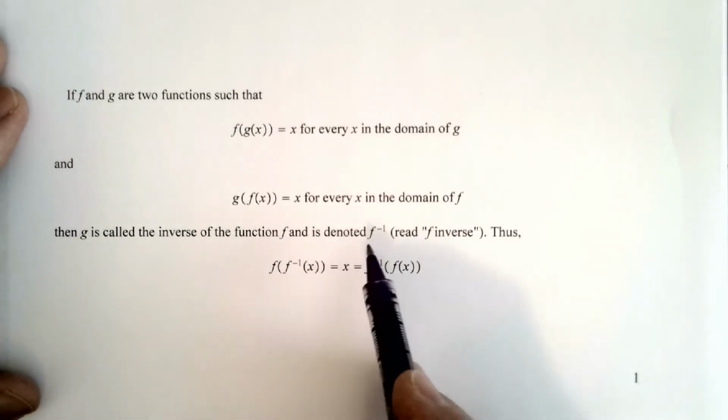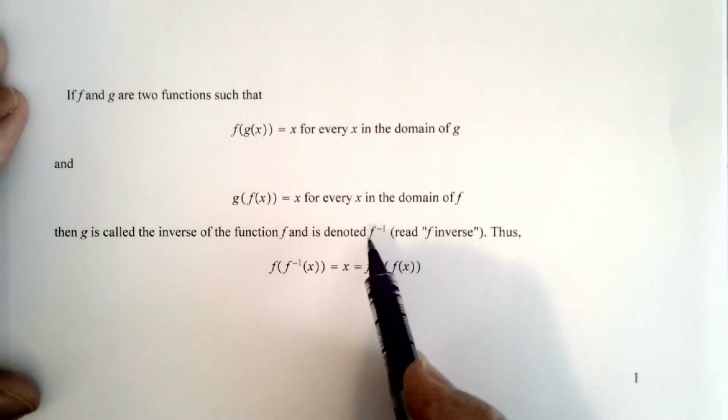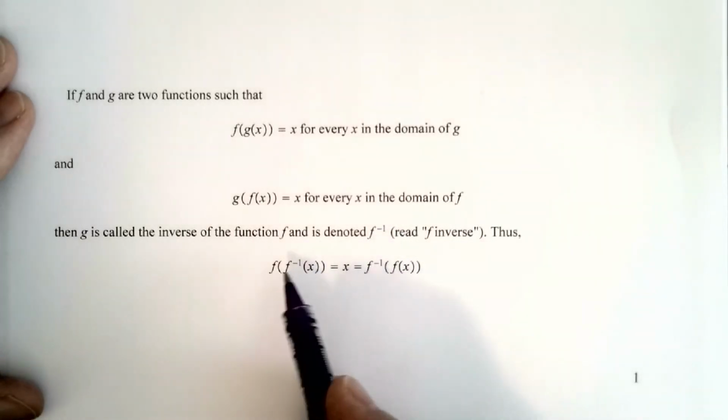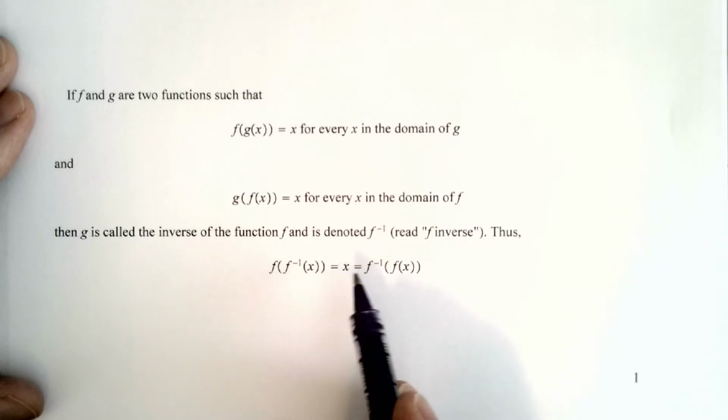And we denote it this way, f with a superscript -1, which we read as f inverse. Then f of f inverse of x is x, and f inverse of f of x is x.